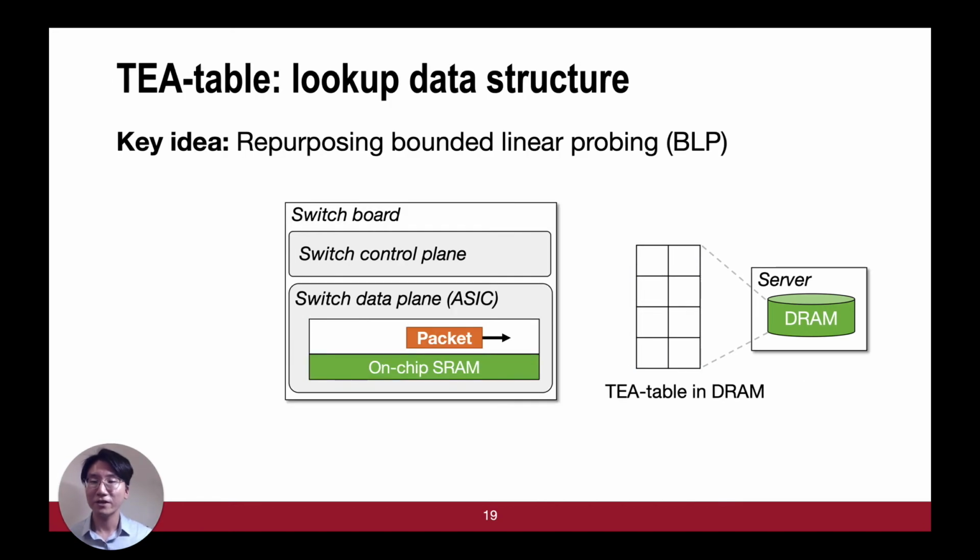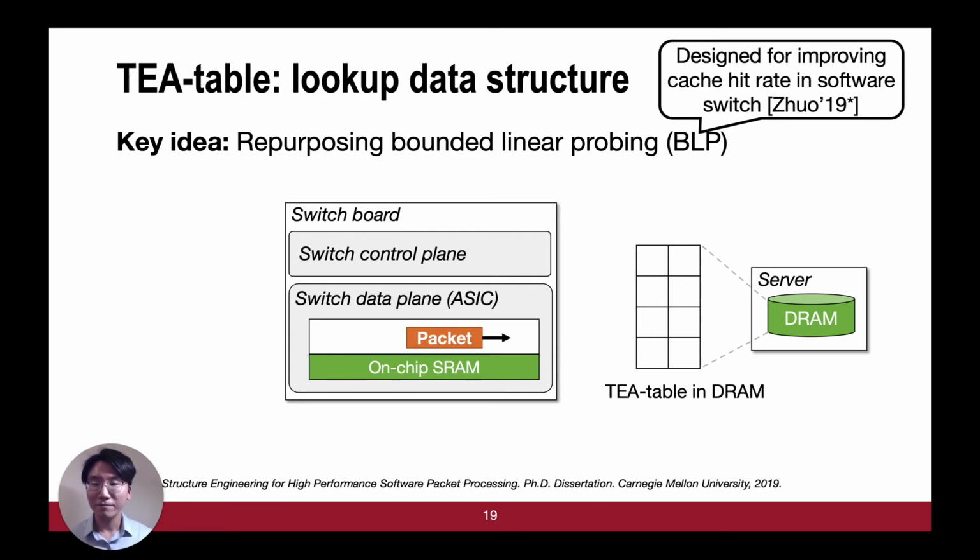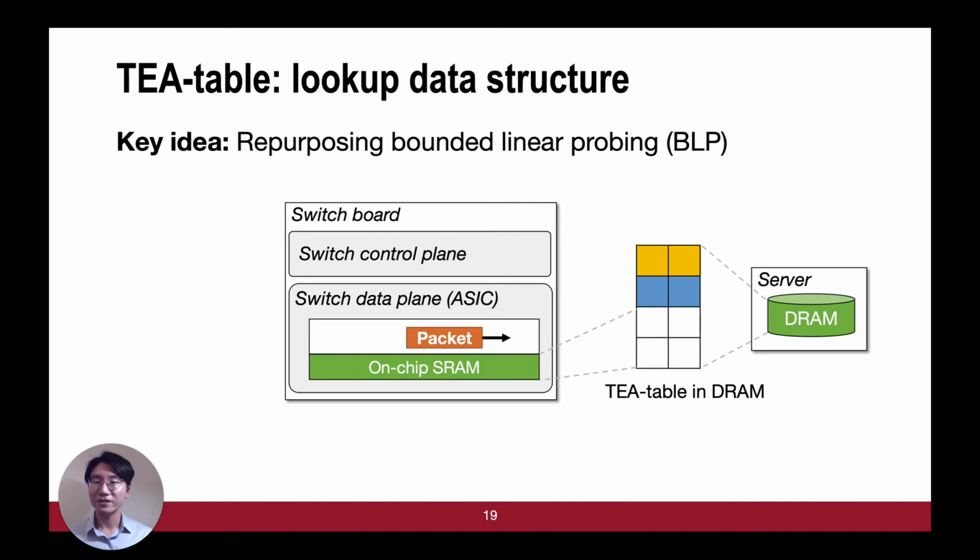To this end, we devised our data structure called T-table, which is designed based on prior work called bounded linear probing, or BLP. BLP was originally designed for improving cache hit rate in software switch, and we repurposed its way of placing buckets for a given key in a hash table. Unlike traditional cuckoo hashing, BLP puts two buckets in consecutive memory regions.